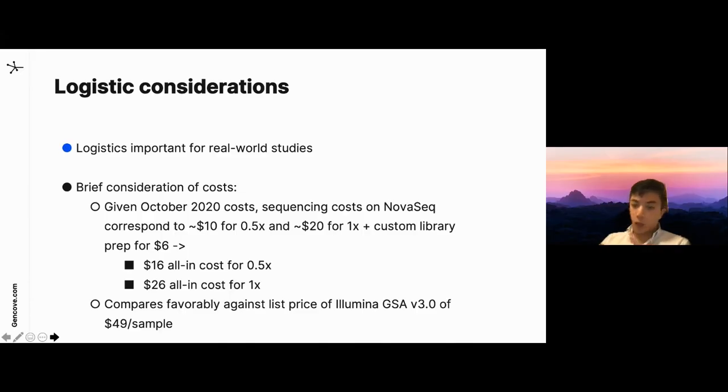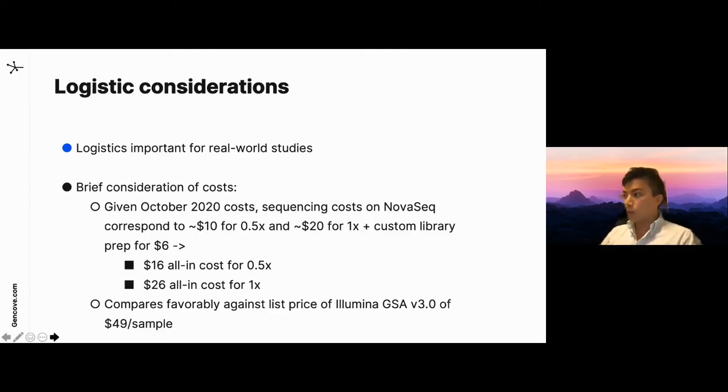That's just for the sequencing alone. The custom library prep comes in at $6 flat, regardless of the depth at which one is sequencing. And so the all-in cost for 0.5x sequencing comes out to around $16 and $26 for 1x.